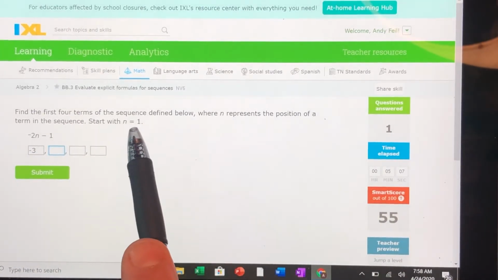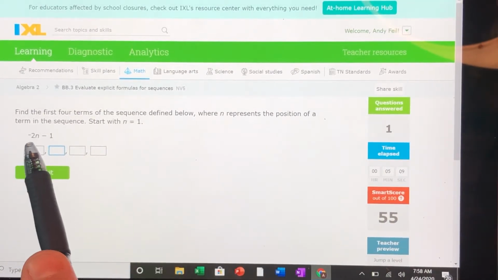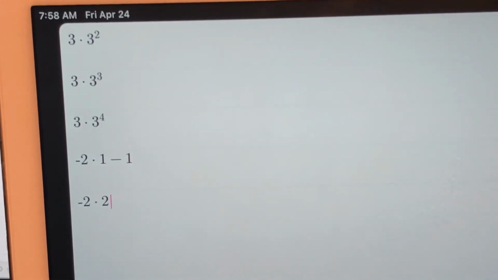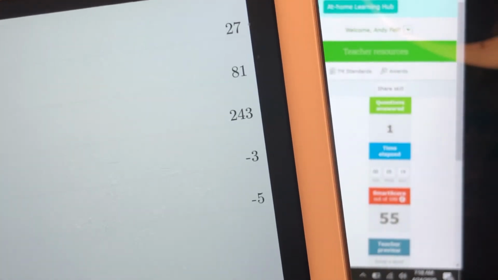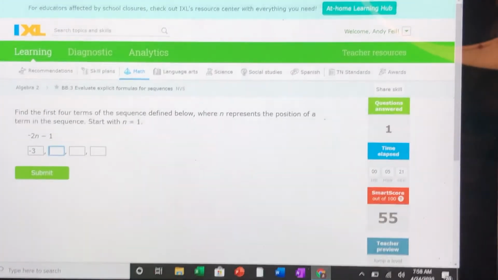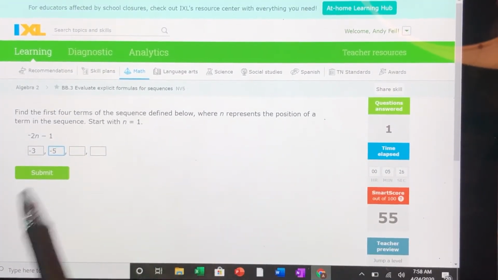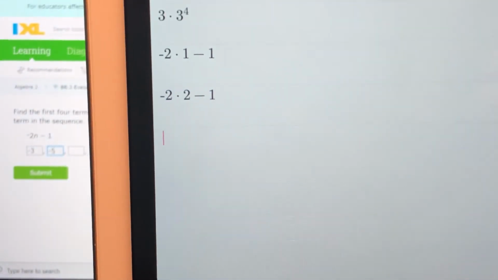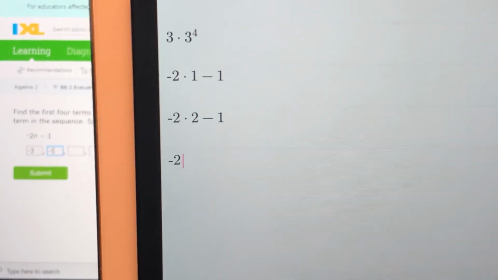All right, now we go to the next number, 2. Negative 2 times 2 minus 1. And we get negative 5. Negative 5. And you keep going. Now we plug in the 3. Negative 2 times 3 minus 1. Now I know you can probably do this in your head.